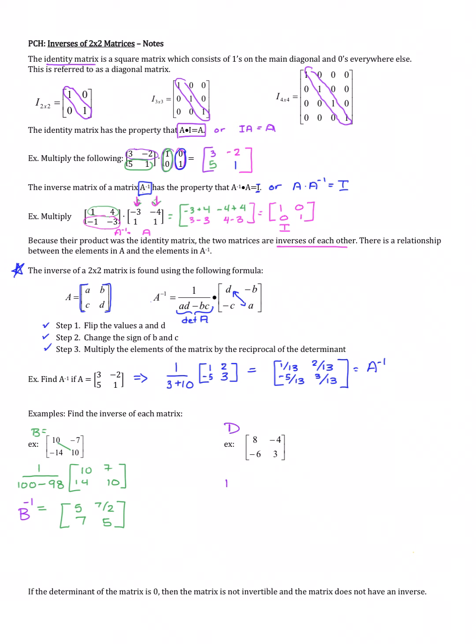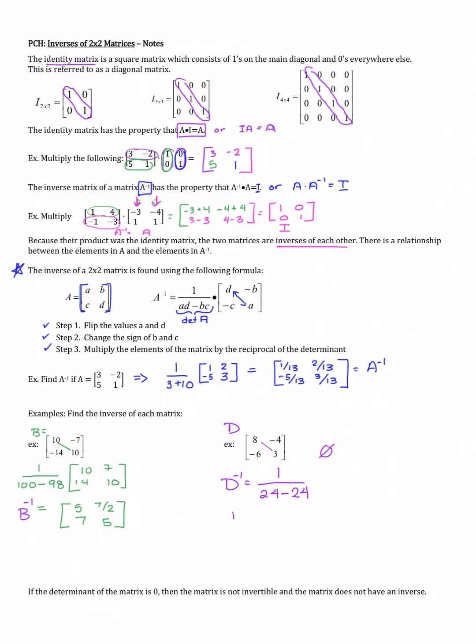And so D inverse would require me finding my determinant first. So 8 times 3 is 24, minus 4 times 6, which is also 24. Ooh, that's not good. You're not allowed to divide by 0. So what happens is you don't always have an inverse, just like you don't always have a solution to a system of equations.